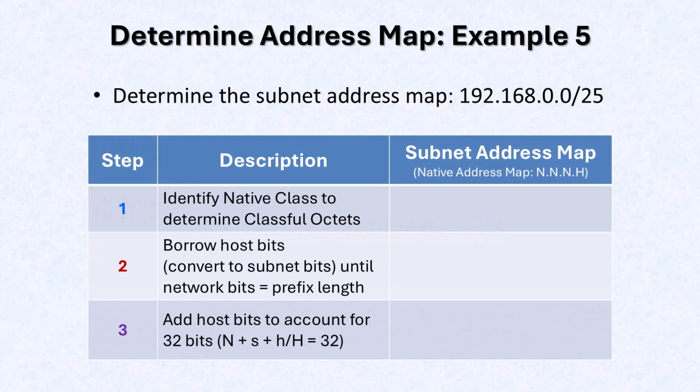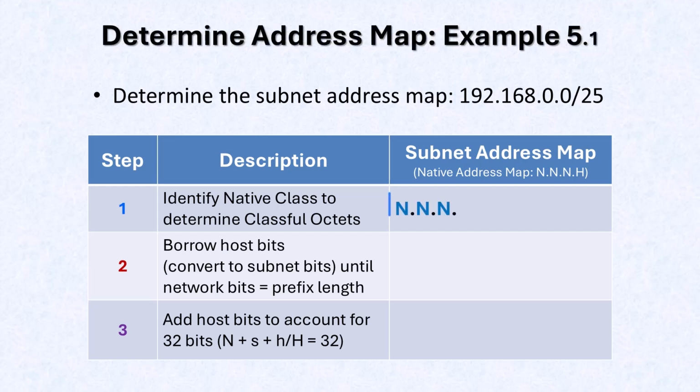Example 5. Determine the subnet address map for 192.168.0.0/25. Since the first octet is 192, the native class of this address is Class C. Since Class C addresses have 3 classful octets, we will start with 3 uppercase N's.